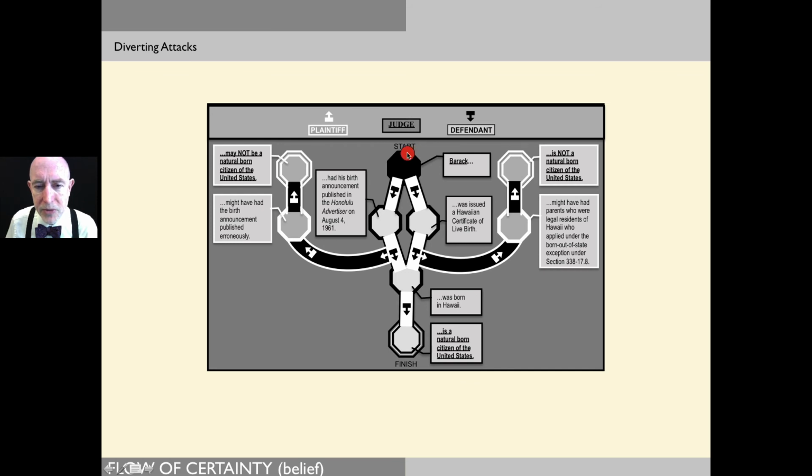Now here, of course, you can see the branching that we've just discussed, but you also have the addition of the plaintiff doing diverting attacks at each place here in which they argue alternate positions that move to the opposite conclusions.